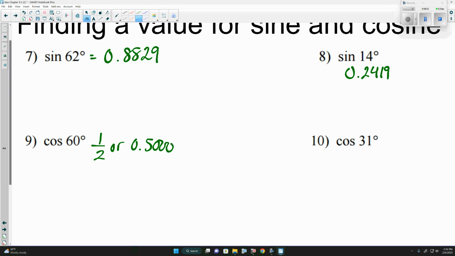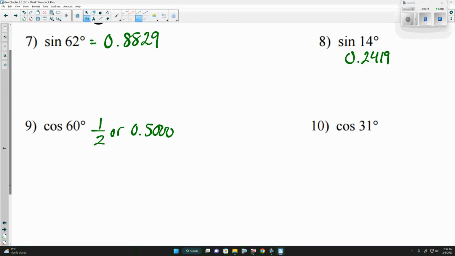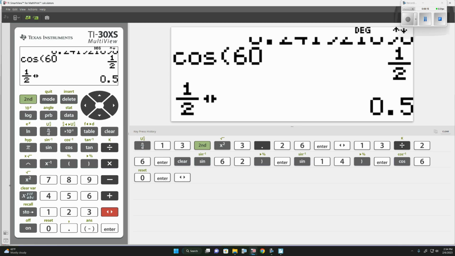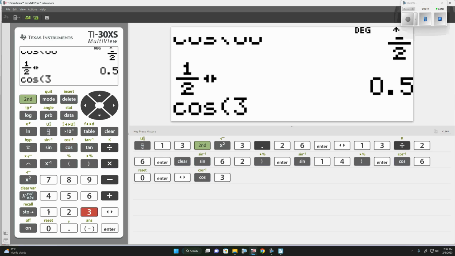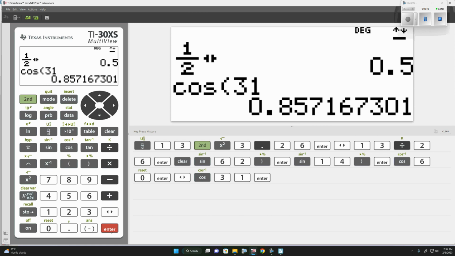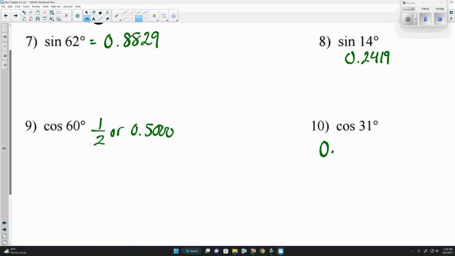Either one of these here, because some of the trigonometric functions, sine, cosine, and tangent, will have nice values. Some will not. We could also say cosine of 31 degrees, 0.8571 72. Round up.